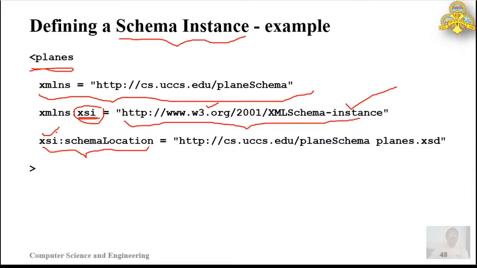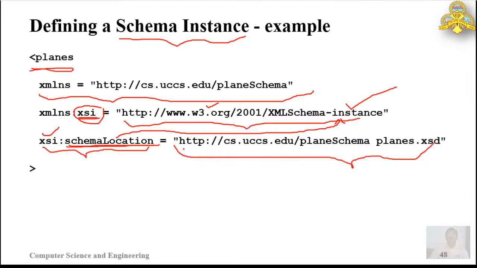Afterwards I will use the prefix xsi:schemaLocation, and this schemaLocation is the attribute defined in XML schema instance. So this definition is taken from this specific URI. So xsi:schemaLocation is read by this place, that is two values, the plain schema and the next one is planes.xsd.